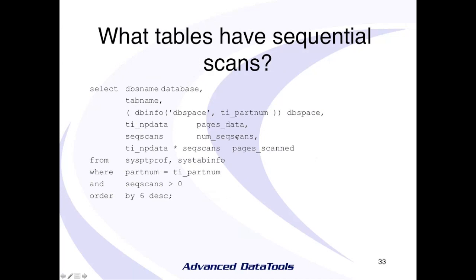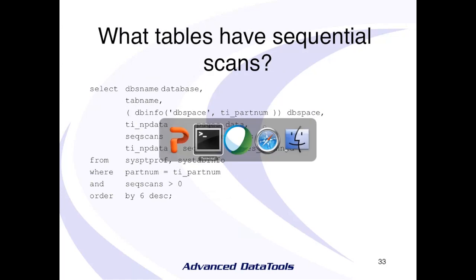In fact, you'd hope it would be scanned 100% of the time. And my old script used to highlight tables like that. This takes the number of data pages times the number of scans and tells you how many pages were actually scanned. And this is the more important number, the total number of pages scanned.